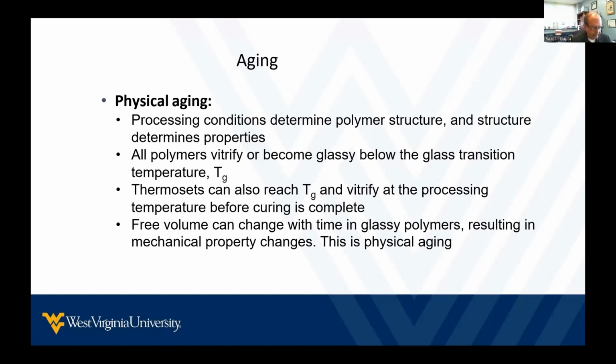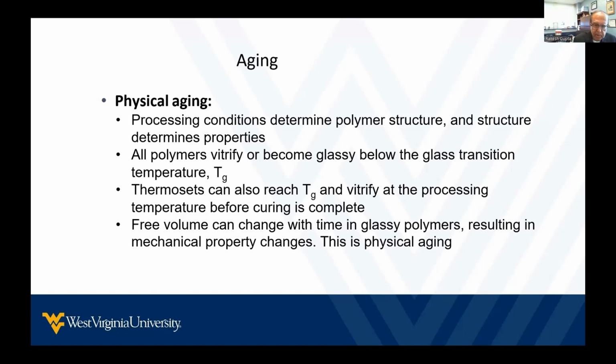Since processing is done over a short time scale, the structure that results typically is not an equilibrium structure. And as time goes on, the structure tends towards equilibrium. So when we form a composite, there could be frozen-in stresses, and they are relieved with time.